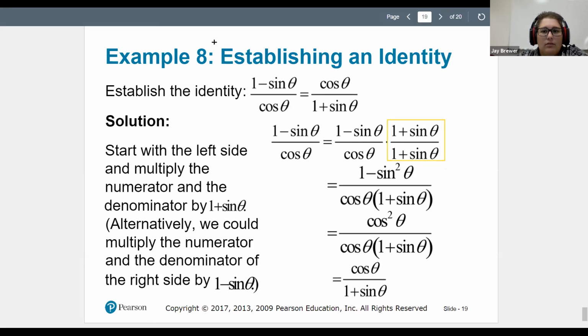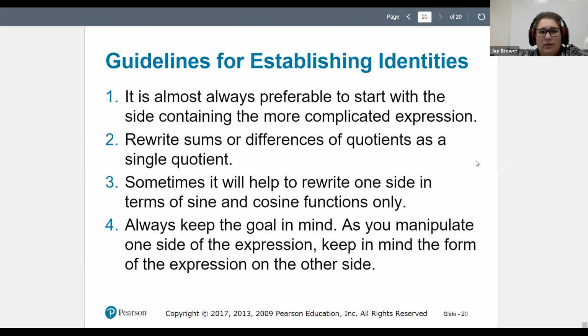Because now they can use the Pythagorean identity, and that leads you to cosine squared theta. The cosines cancel, and here we have our end result. Okay. Pretty easy section, I think.